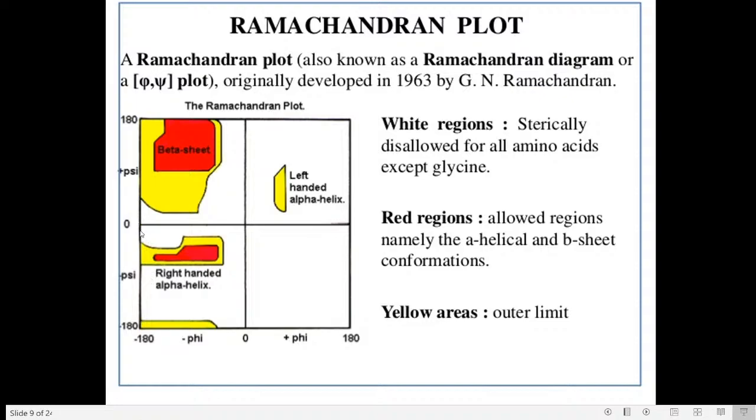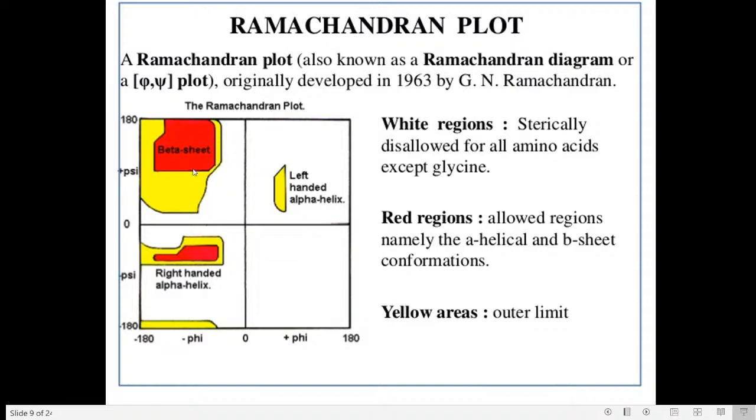We have 0 at the middle. Here this is minus phi, this is plus phi, and likewise minus psi and plus psi. In the exam they provide a shaded area in yellow or white, because if it is a computer based exam they may provide a color one, or they may give us a black and white one.